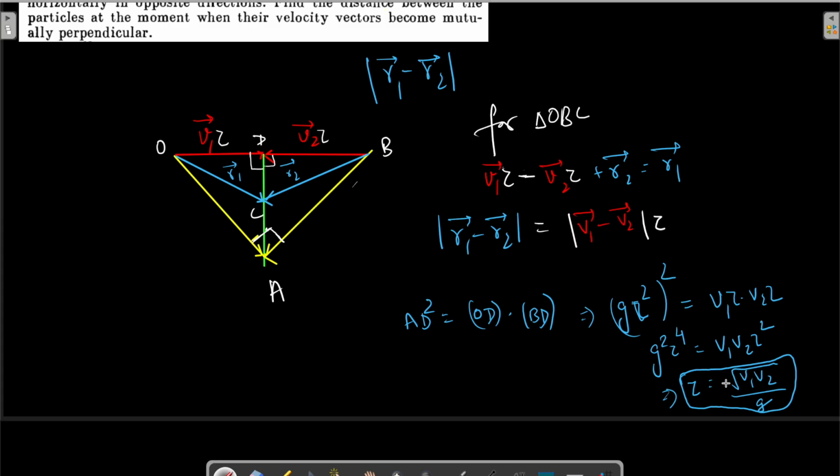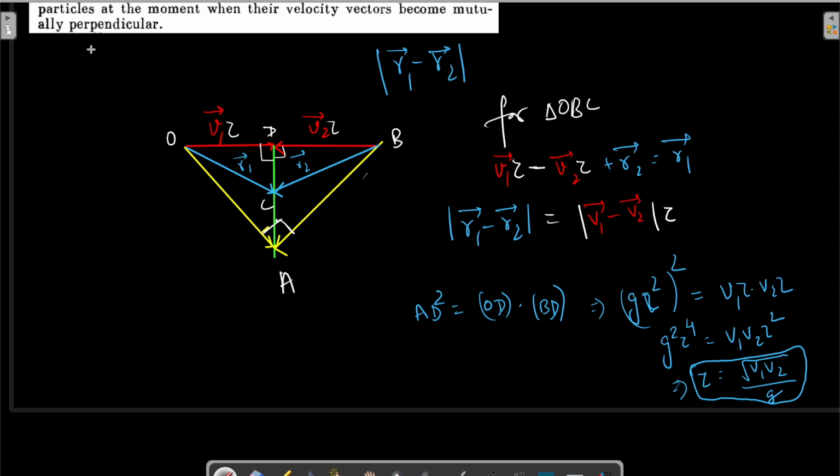See, now we are close to the final answer. Now we are trying to interpret this mod of v1 minus v2. Try to think. Okay, I should copy this down. I could not copy the arrow thing. I'll make it again. Now we should copy this thing.